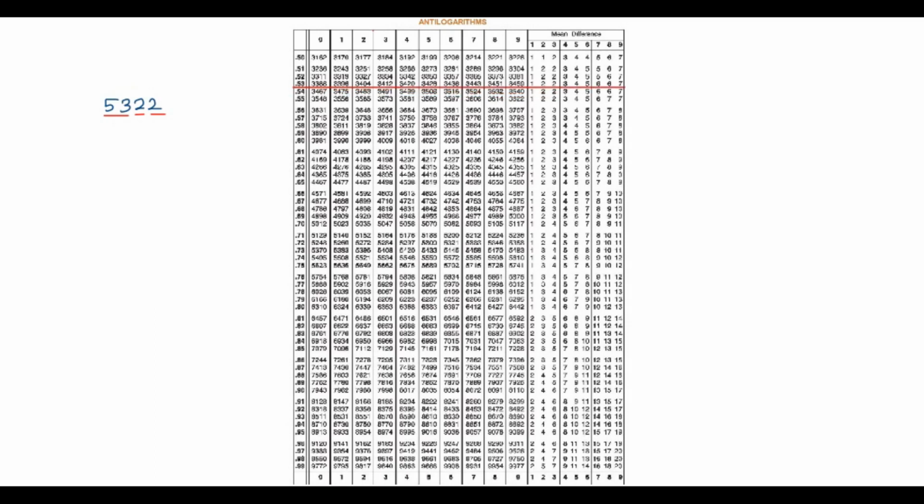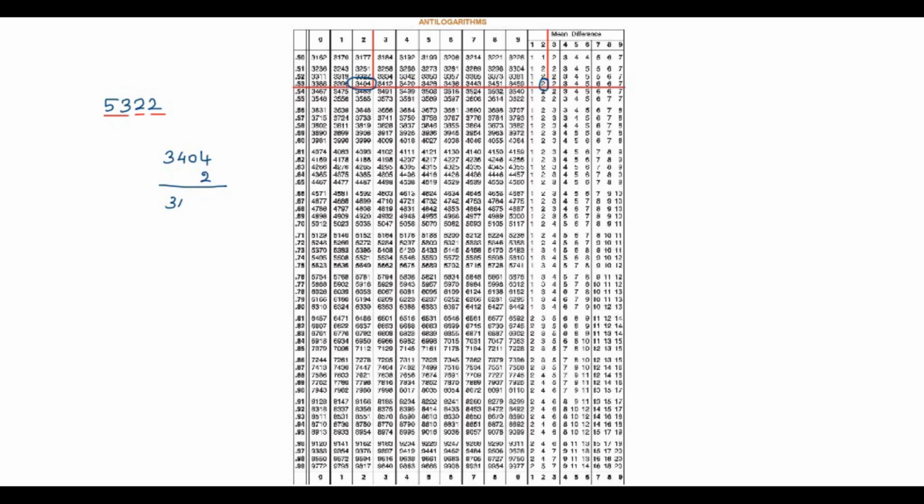Okay, now we have to take second column, that is here, and in mean difference also we have to take the second column, that is here. Okay, now let's mark the number. In 53rd row and second column we have 3404, and in mean difference the second column we have 2. We have value 2 corresponding to 53rd row. So 3404 and mean difference 2.